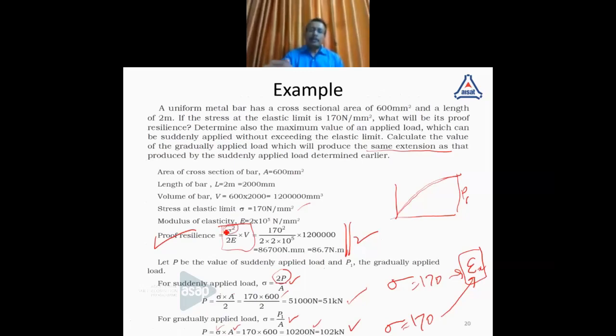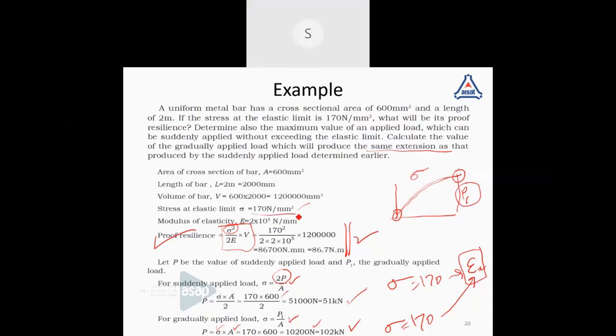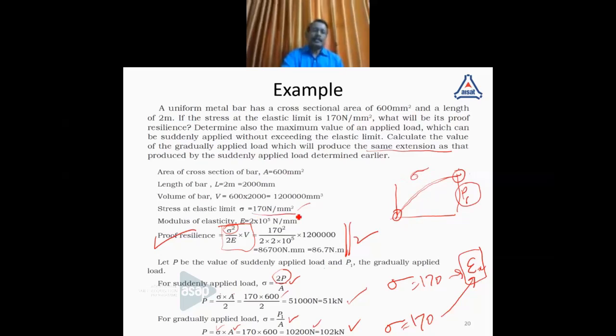When you are gradually applying the load, the sigma value is gradually increasing from 0 to the final value, say 170 Newton per millimeter square. Proof resilience represents the value of resilience at this maximum value of stress, nothing else.